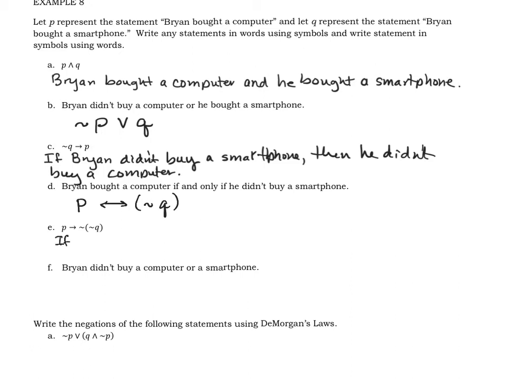If Brian bought a computer, then, okay, let's see what we have. We've got a double negative here. So we're saying that Brian didn't buy a smartphone, but that he didn't buy a smartphone. So that means then he bought a smartphone.